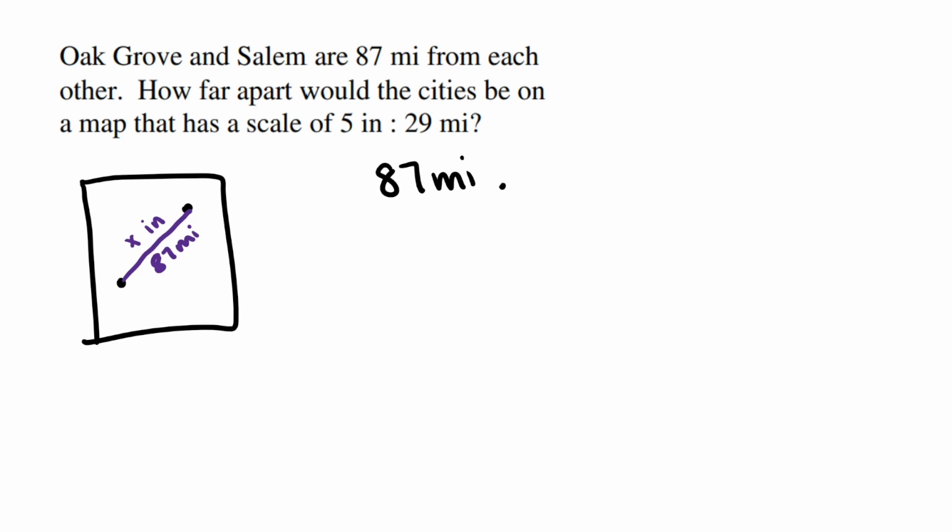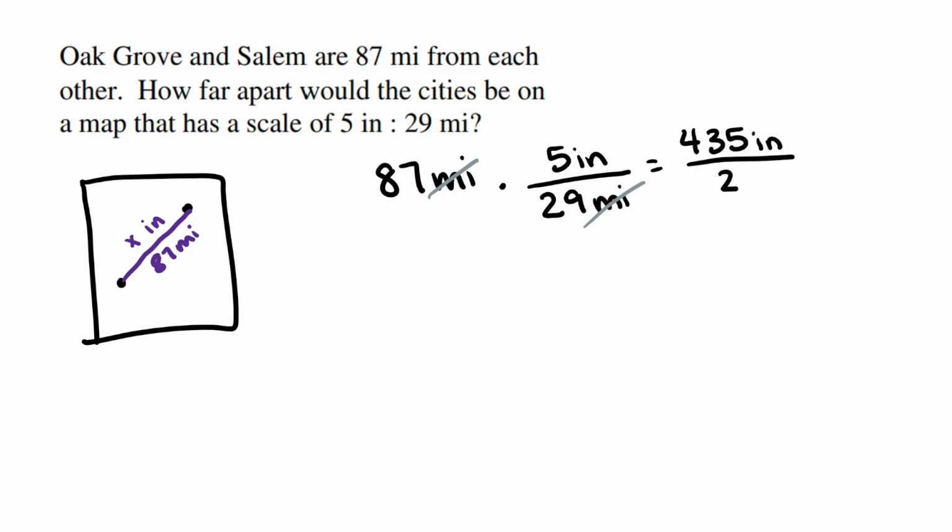So we need to put our miles in our denominator so that we can cancel. And we need to be left with inches, so that goes in our numerator. And our miles cancel. 87 times 5 is 435. 435 divided by 29 is 15 inches. So they would be 15 inches apart on the map.